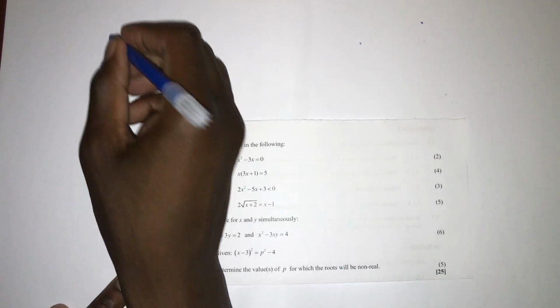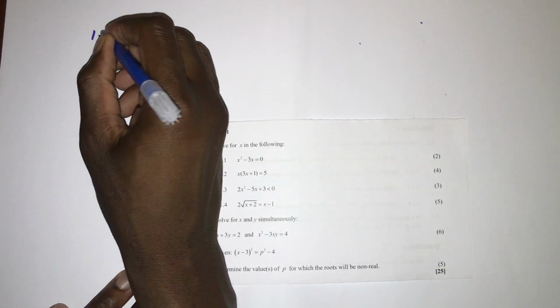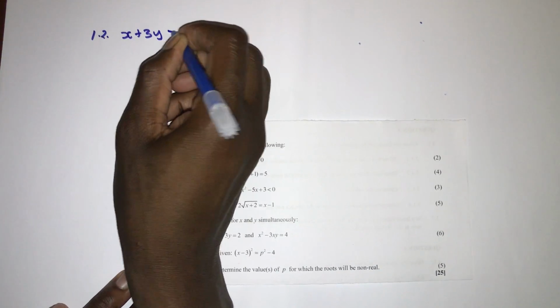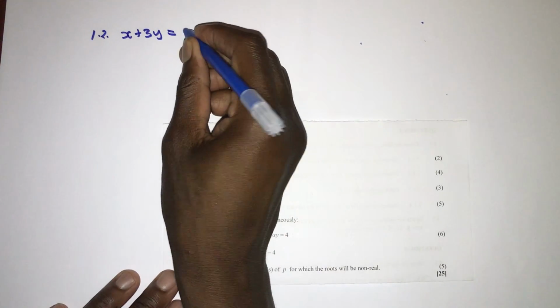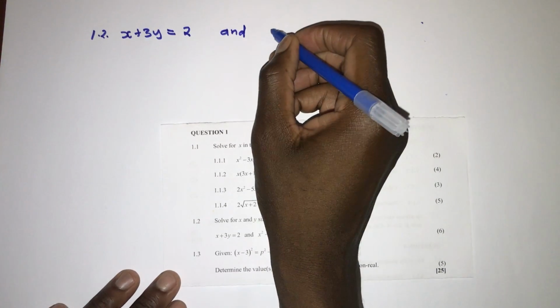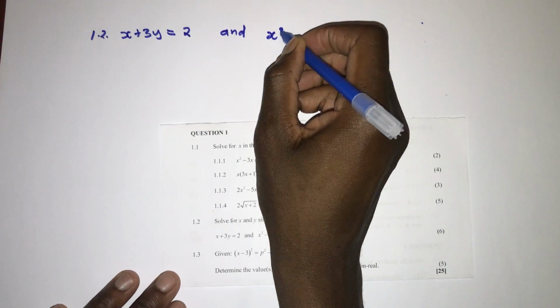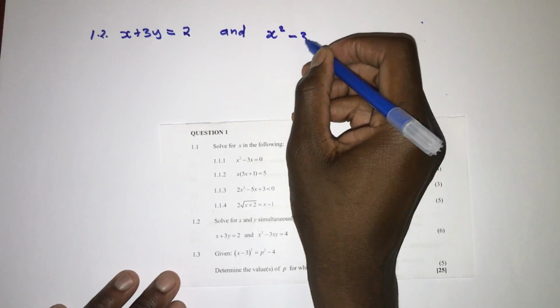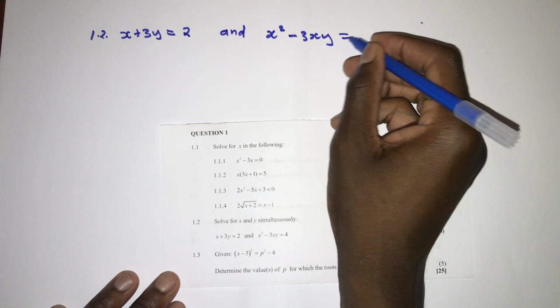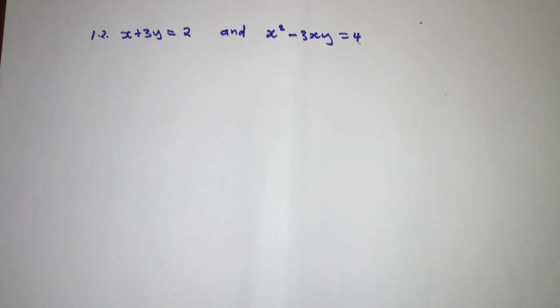So the simplest one, this is 1.2, it says x plus 3y is equals to 2. And then the other one is x squared minus 3xy is equals to 4.